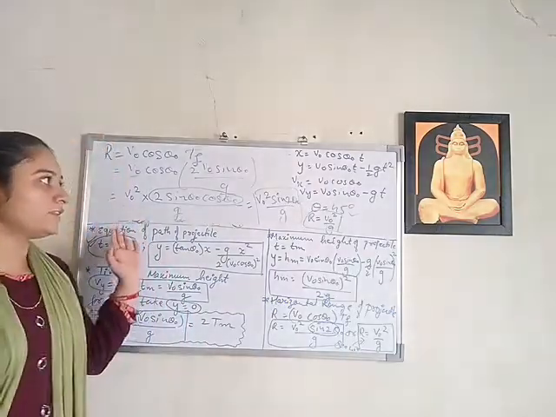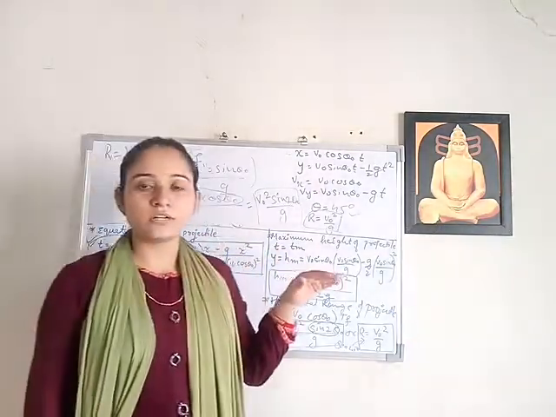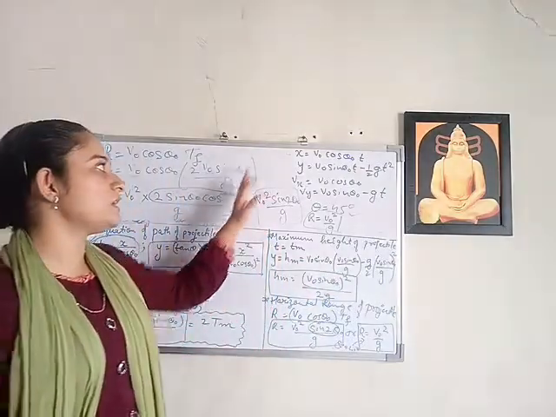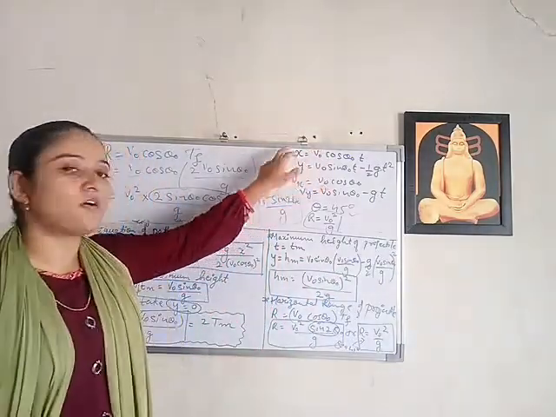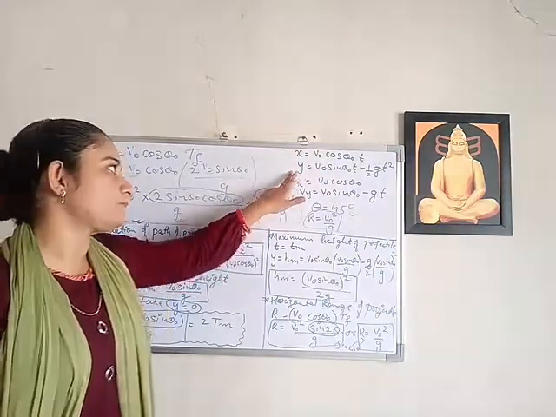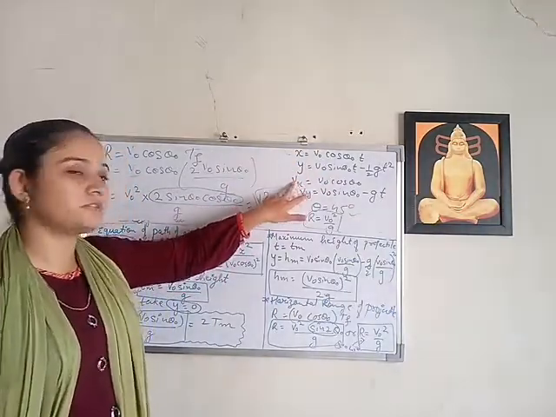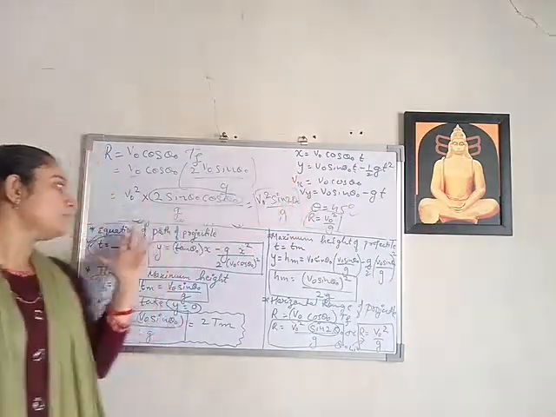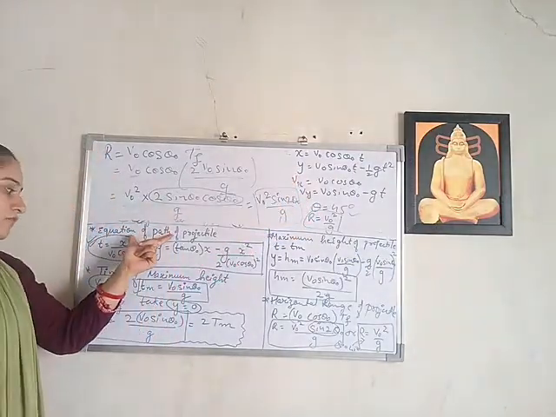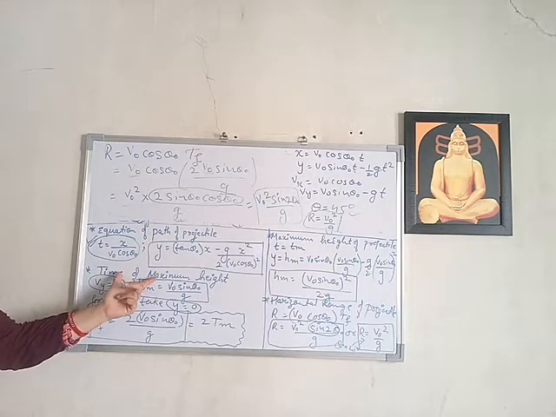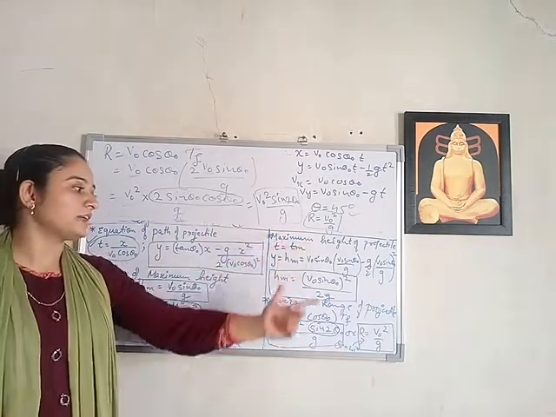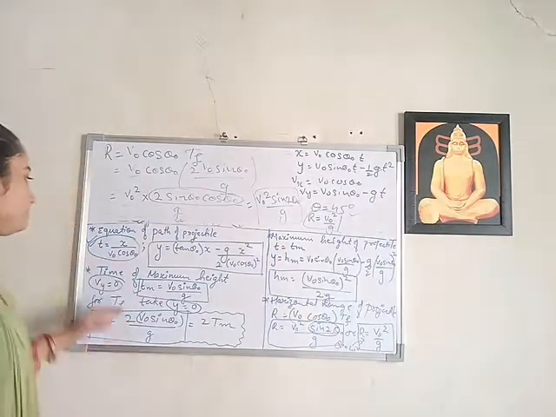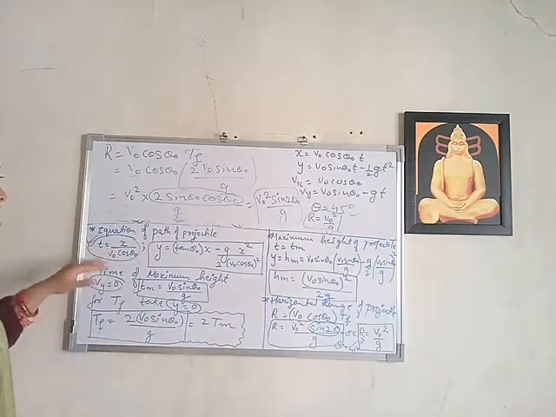So you understood what the horizontal and vertical components of the velocity are, what the displacement along the x and y directions is, and what the velocity along the x-axis and y-axis is. From that we came to know the equation of path of projectile, time of maximum height, maximum height of projectile, and horizontal range of projectile. You have to understand all these things.